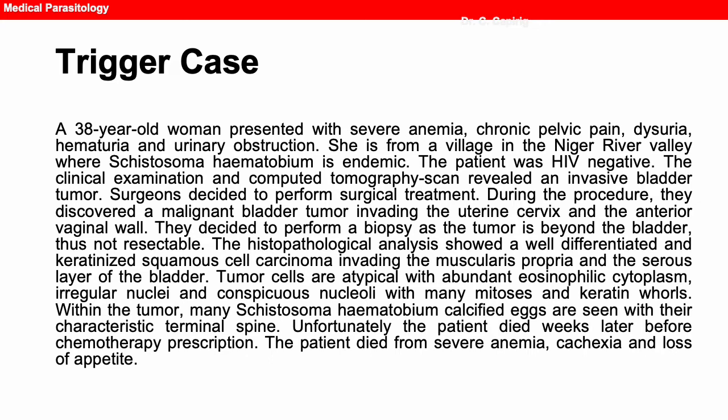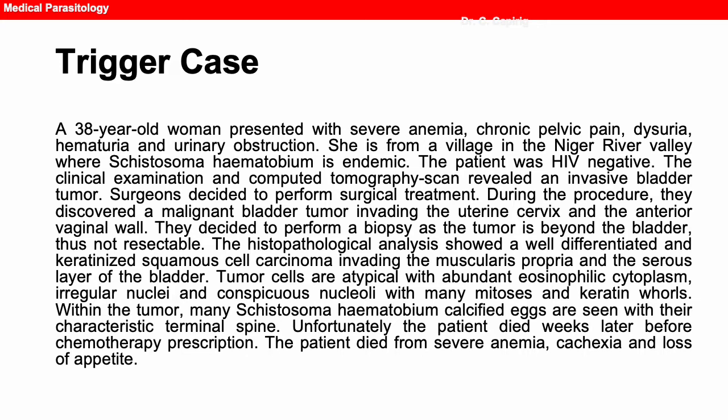During the course, they discovered a malignant bladder tumor invading the uterine cervix and the anterior vaginal wall. They decided to perform a biopsy as the tumor was beyond the bladder, thus not resectable. The histopathologic analysis showed a well-differentiated and keratinized squamous cell carcinoma invading the muscularis propria and serous layer of the bladder.